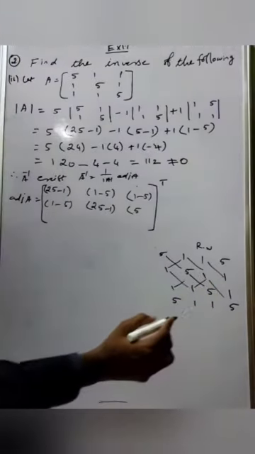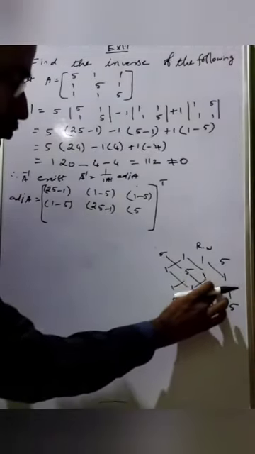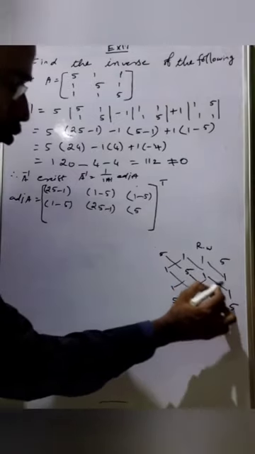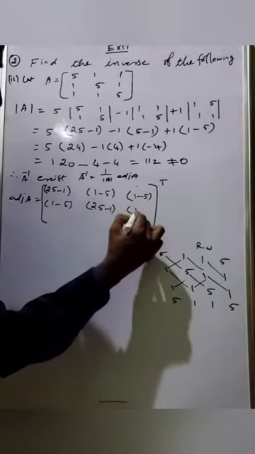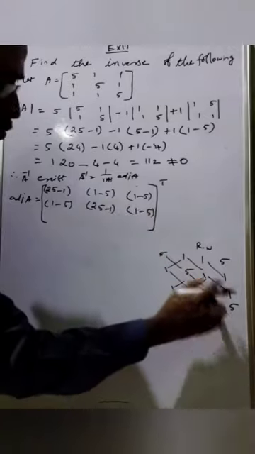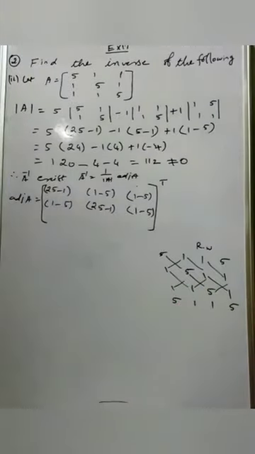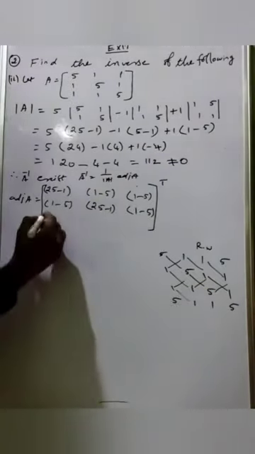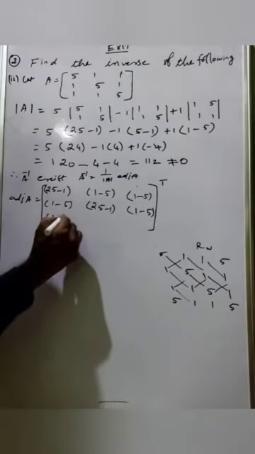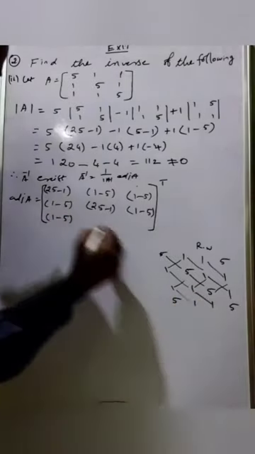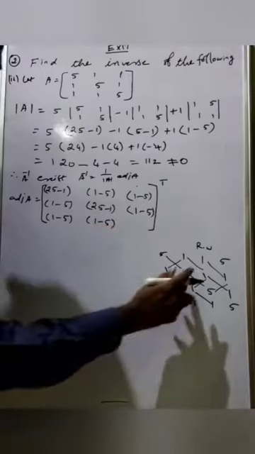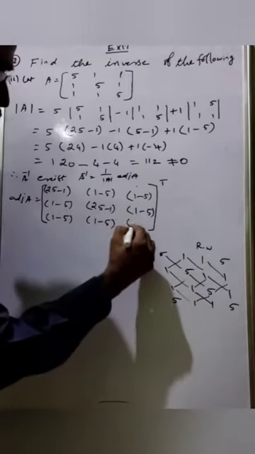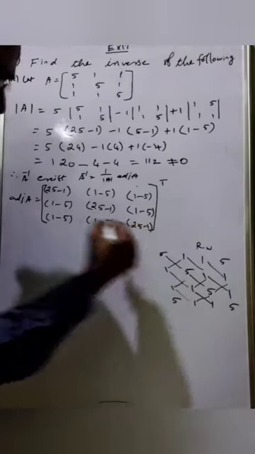See that? One minus 5. The next one here, 1 minus 5. Then 1 minus 5. So 5 5s are 25, minus 1.